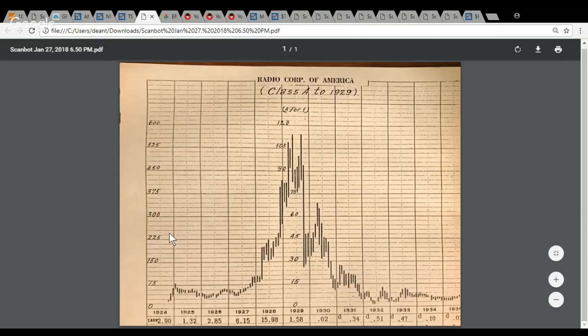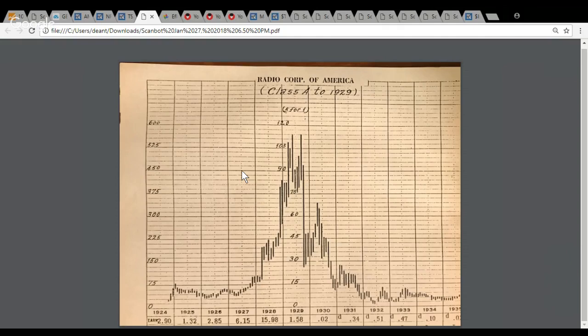Going back to this chart, the thing that bugs me about this chart, it's the only one I've ever seen in which we've got a double top. 4s are not supposed to do that.